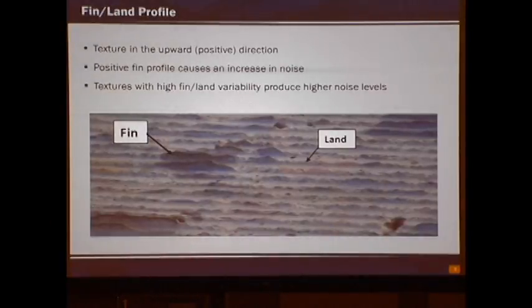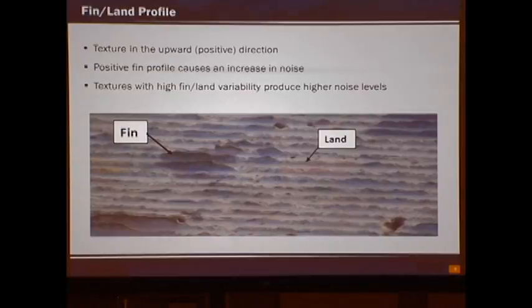So what they found is that the texture in the upward or positive direction is really what creates a loud noise between this interaction of the pavement and the tire. And this is a really good finding on this interaction. The positive profile is the increase in noise, and the texture with high fin land variability produces the high noise levels.